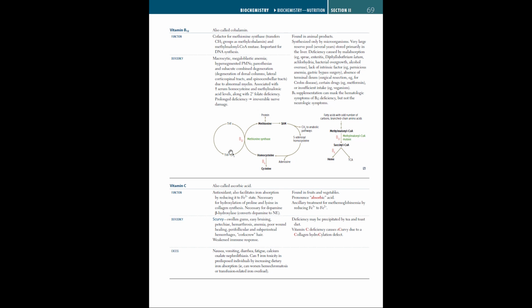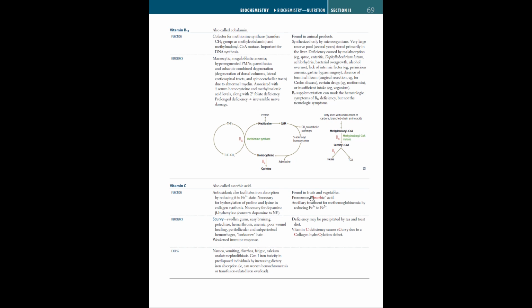Okay, next we have vitamin C, also called ascorbic acid. And this functions as an antioxidant and also facilitates iron absorption by reducing it to its Fe2+ state, and is necessary for hydroxylation of proline and lysine in collagen synthesis. Also, vitamin C is necessary for dopamine beta hydroxylase, which converts dopamine to norepinephrine.